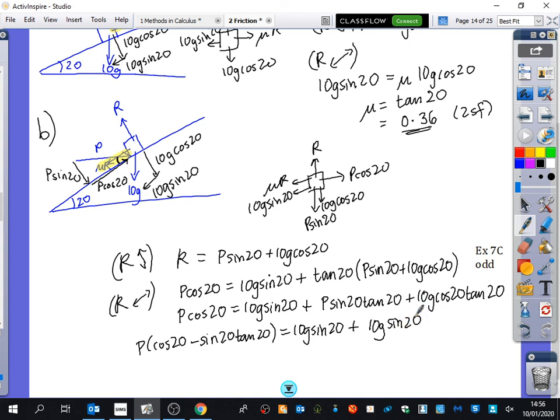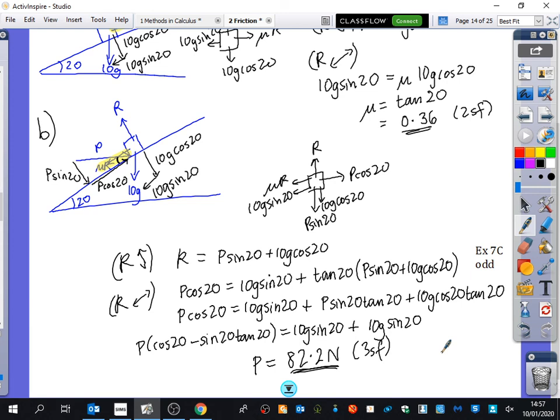But we're putting it on our calculator, so who cares? We're then going to do that divided by that, and we've got our answer. And we're done. Let's just see if I've got the answer. It is 82.2 newtons to 3 significant figures.